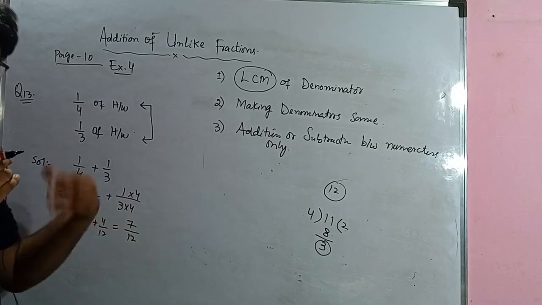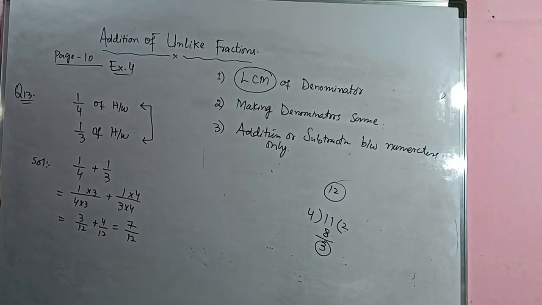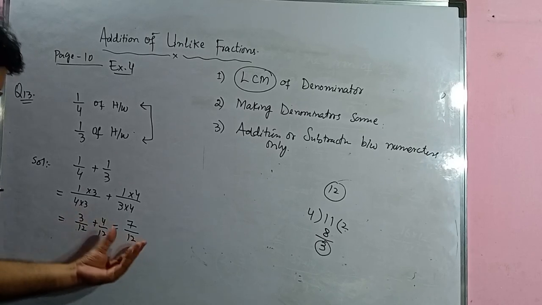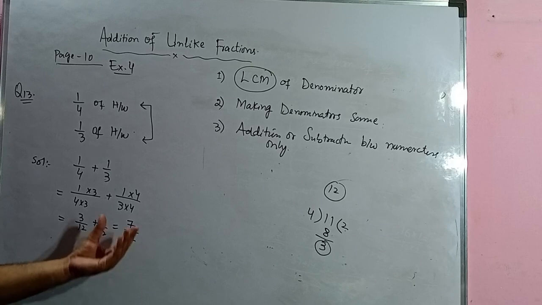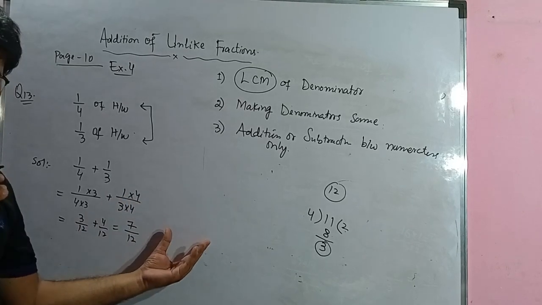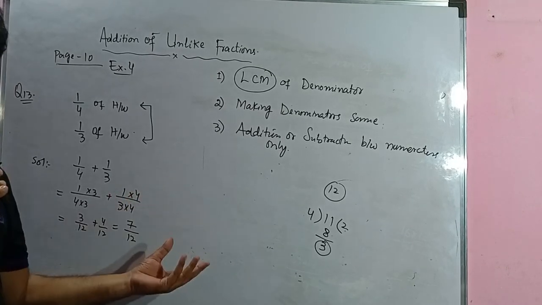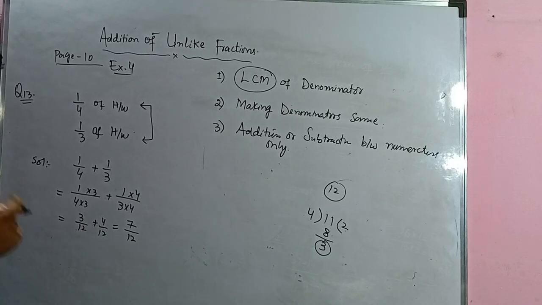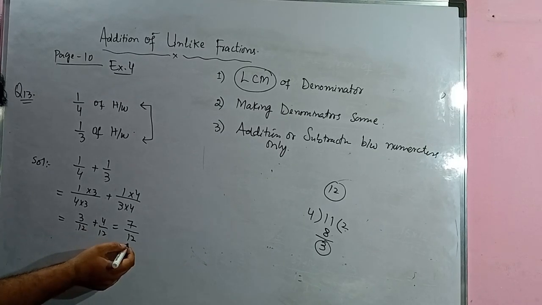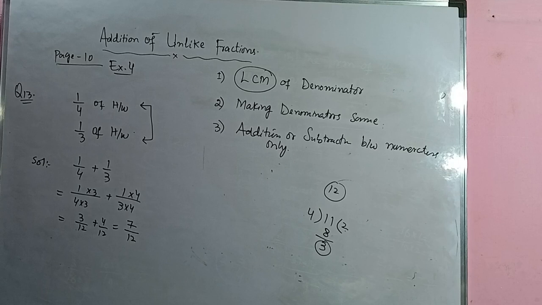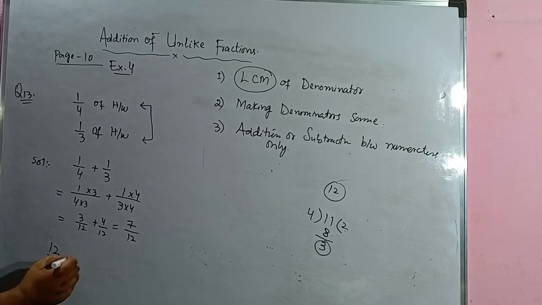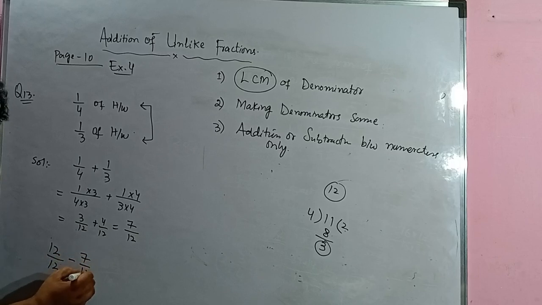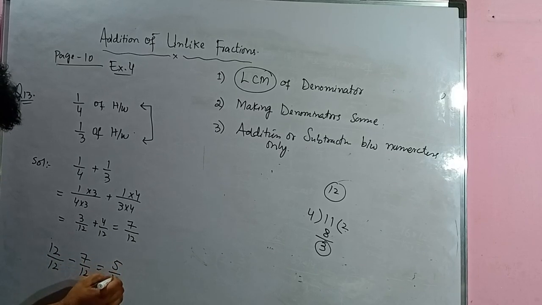Now how much remains undone? How many parts are there? 12 parts are there. So out of 12, 7 parts have been done, so out of 12, 5 parts will remain. We have divided the whole homework into 12 parts. That is 12 by 12 minus 7 by 12, which is equal to 5 divided by 12.